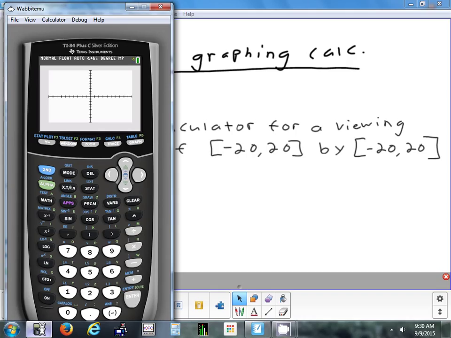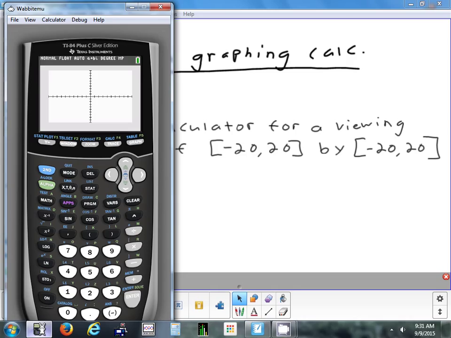Could you go back? What are we typing again? X squared plus 12. How did you get to the standard option? You press zoom, and it's the 6th one down. Okay, now, does everybody have a picture on their screen? Anybody see any picture drawn on the screen?